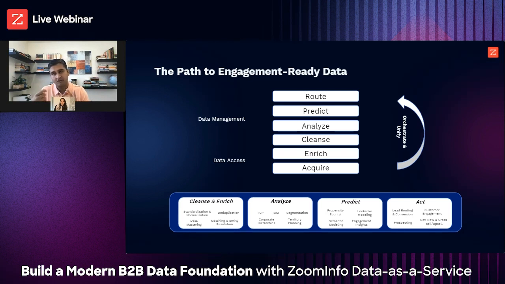Specifically for third-party data, there are niche data providers, and you have to figure out what gaps you have. So that's the acquire phase, which is essentially having a holistic understanding of where we are, benchmarking, and figuring out your multi-vendor data strategy and how you can tie those multiple different data points together.